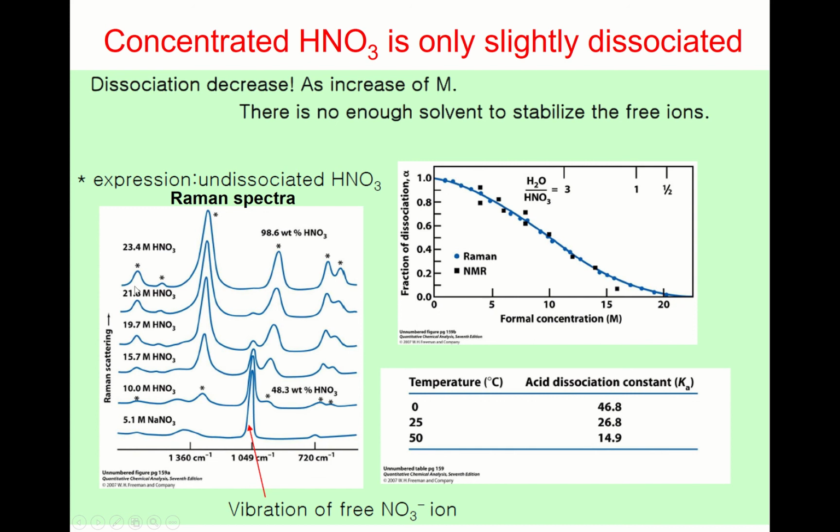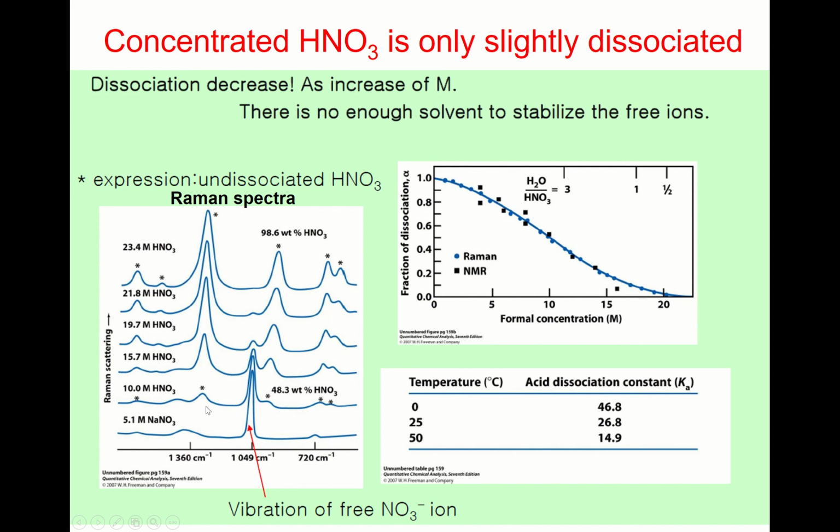But those peaks with this asterisk belong to undissociated nitric acid, and the one peak at a wave number of 1049 only belongs to the nitrate ion. So by comparing the peak intensity, especially this one and other peaks, you may know how much nitric acid is dissociated in water.